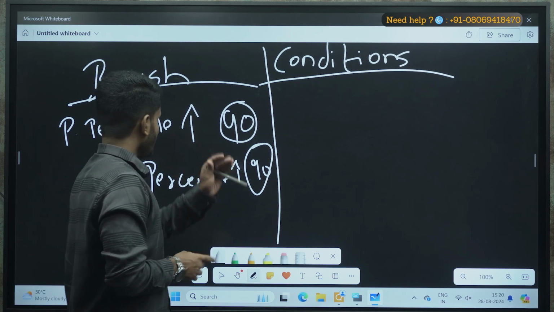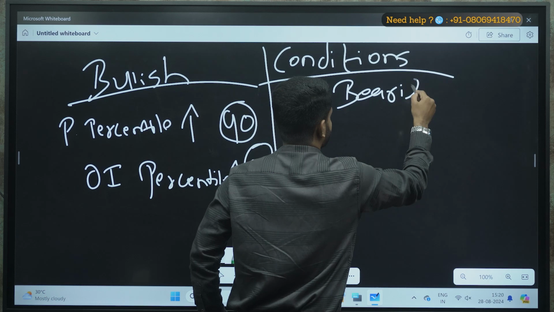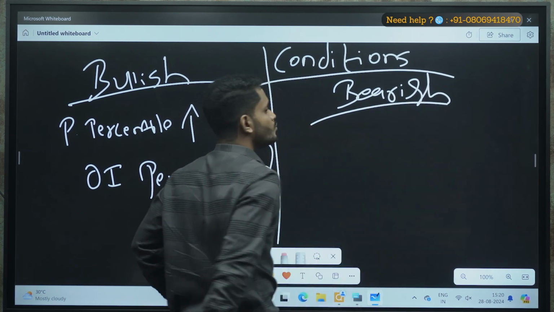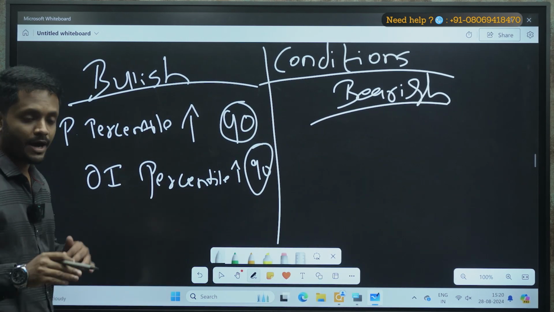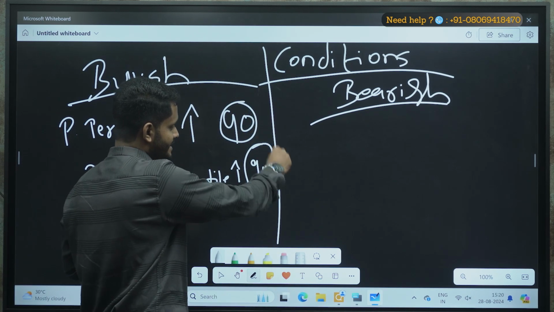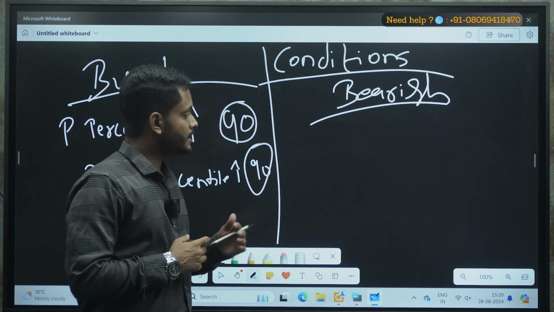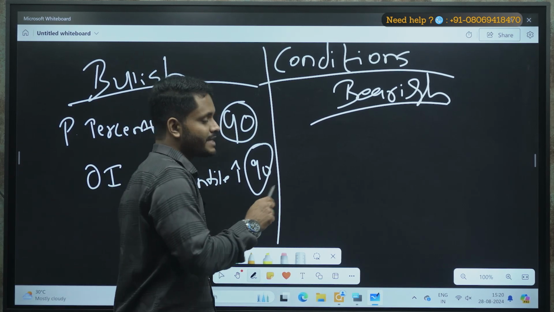Now, bearish, if you are finding a bearish trend. What we saw is that the student who has scored the lowest mark, we will mark it as 1 percentile. That is, if the stock has made a recent swing low in the past 180 trading days of data, the recent swing low is marked as 1 percentile.